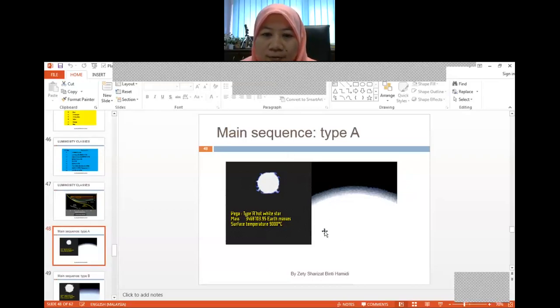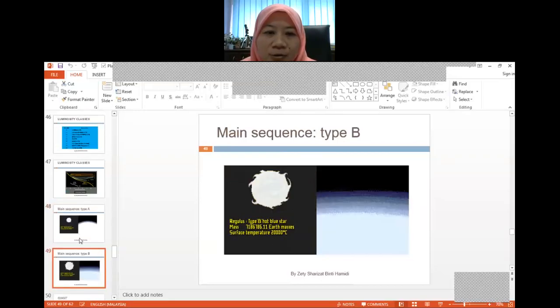We have Vega, a hot white star of type A, with its mass compared to solar masses. It's a lot of numbers here, and it has a surface temperature of about 9,000 degrees Celsius. And how does it compare to type B? This is the example: it looks like a big hot blue star, Regulus, and the surface temperature is about 20,000 degrees Celsius.